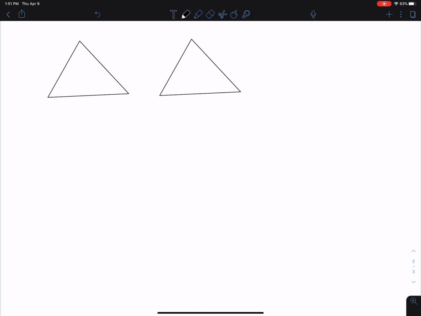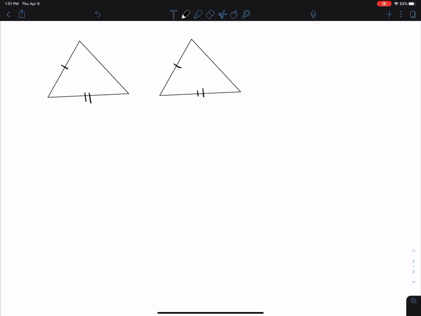So with congruency, we use marks to show that angles and sides are congruent. So here, if I put one tick mark on these sides, that shows that this side is congruent to this side. And then if I want to show that this side is congruent to this side, I'm going to put 2 tick marks.